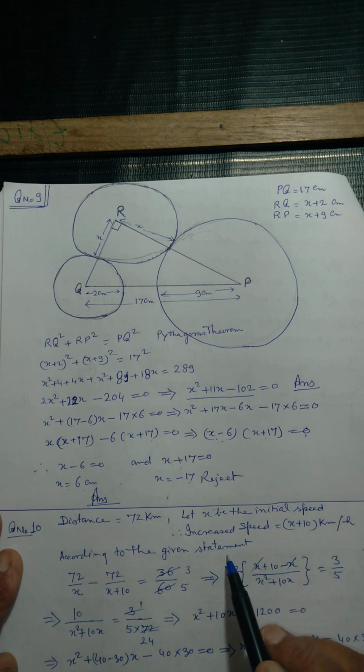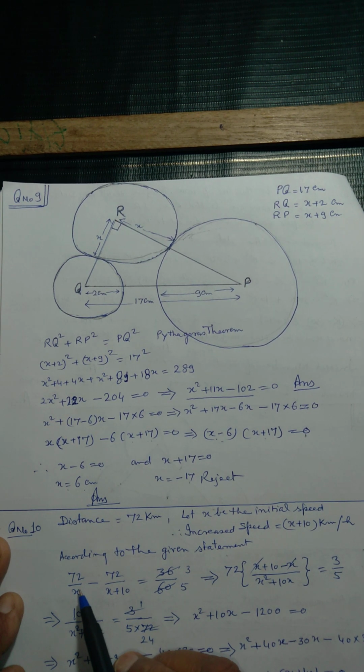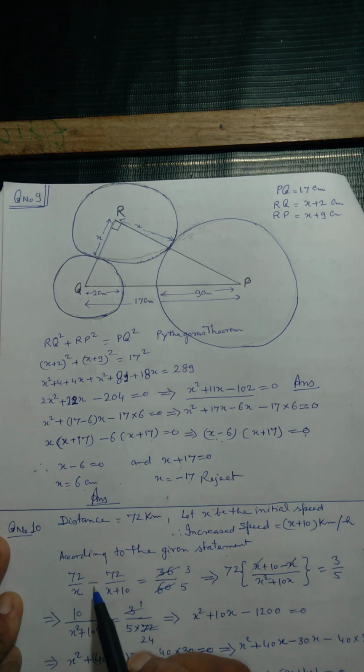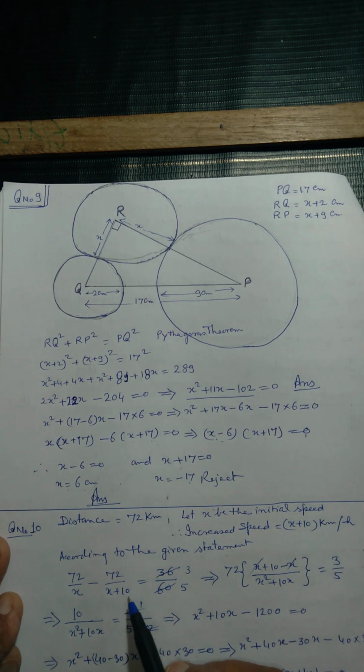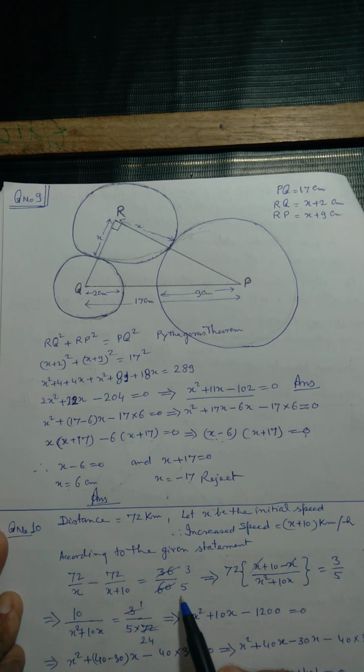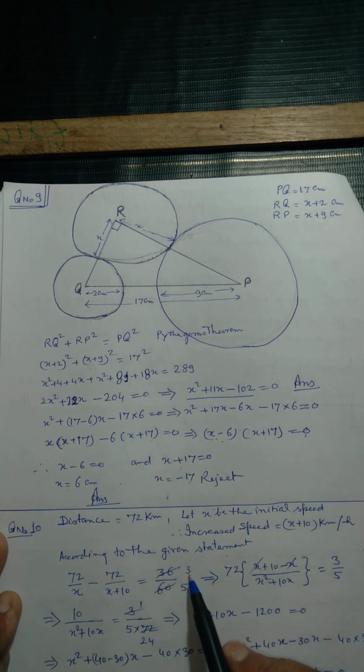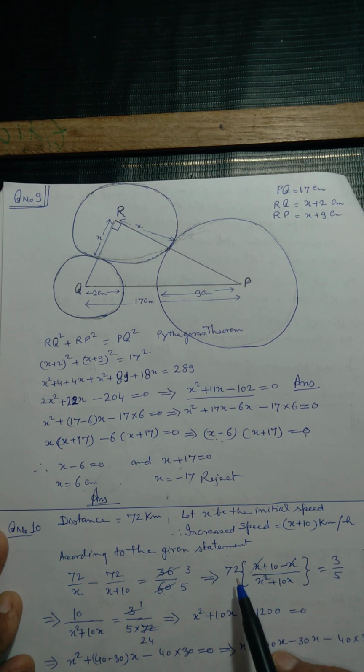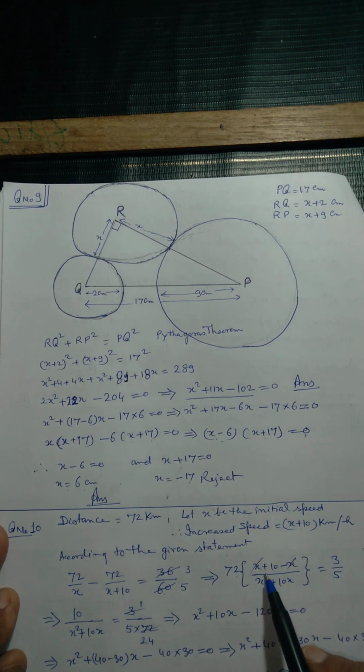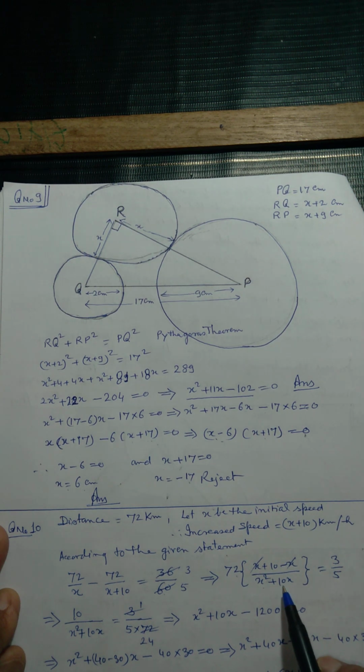According to the given statement, this can be written like this: 72 by x minus 72 by (x plus 10) equal to 36 divided by 60. You solve it further, you will get 3 by 5, and take out 72 common and solve inside the bracket, that is (x plus 10 minus x) whole divided by x square plus 10x equal to 3 by 5.